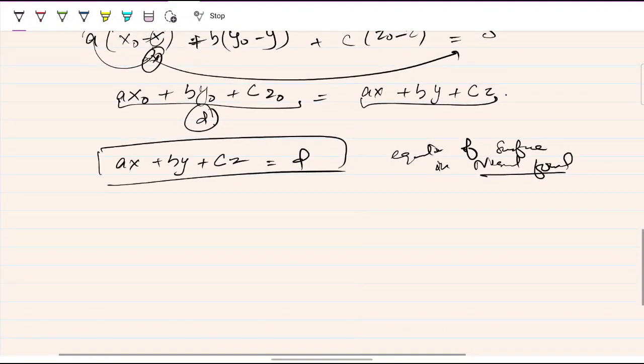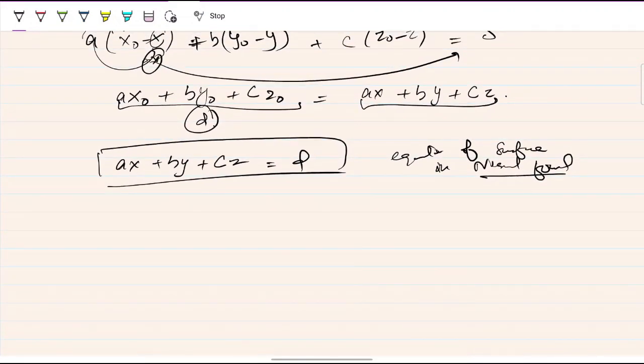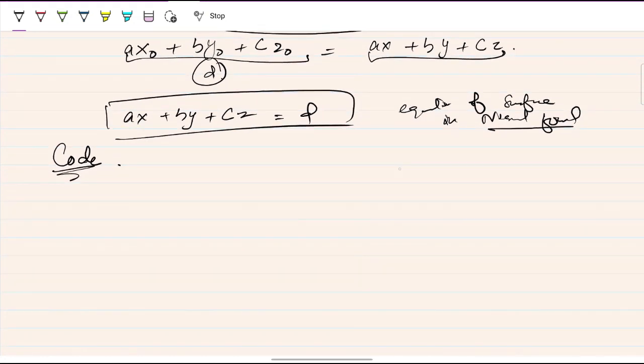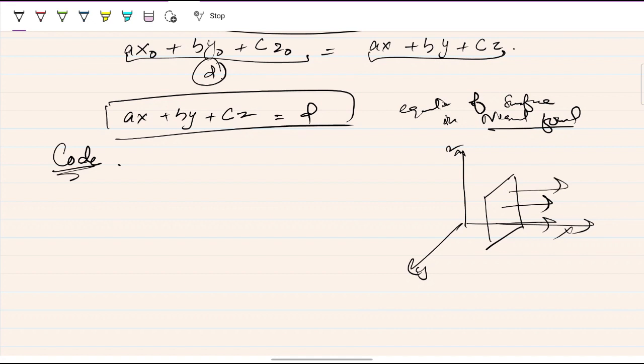Okay, so let's see how we are gonna code it up. Let's code a surface, and I'm gonna say a surface that is parallel to yz plane. And for this surface, what is normal? Actually, this normal is parallel to the x-axis, doesn't matter.